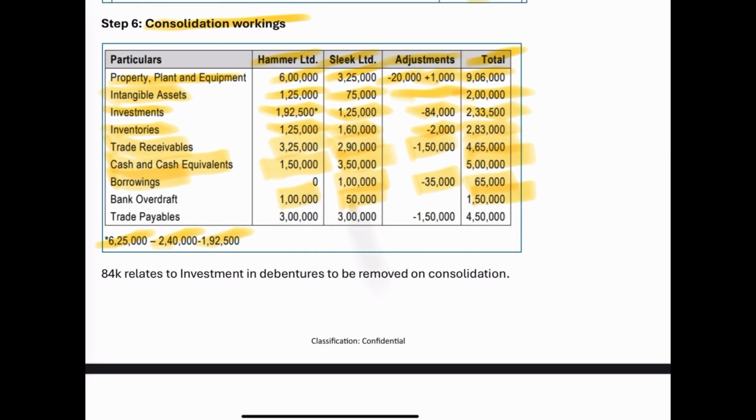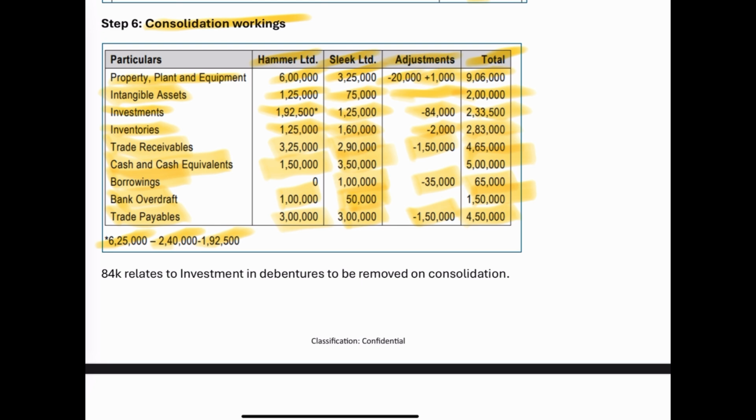Probably this 50,000 is from the trade receivables of Sleek Limited that have been discounted. Then trade payable is simple addition, and the 150,000 eliminated from receivables also needs to be eliminated from trade payable. That gives the remaining 450,000.